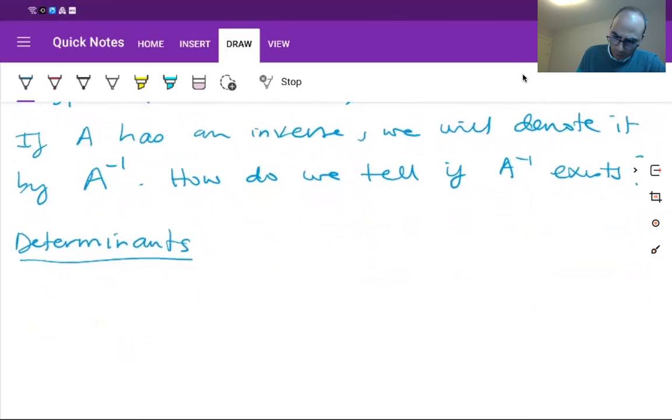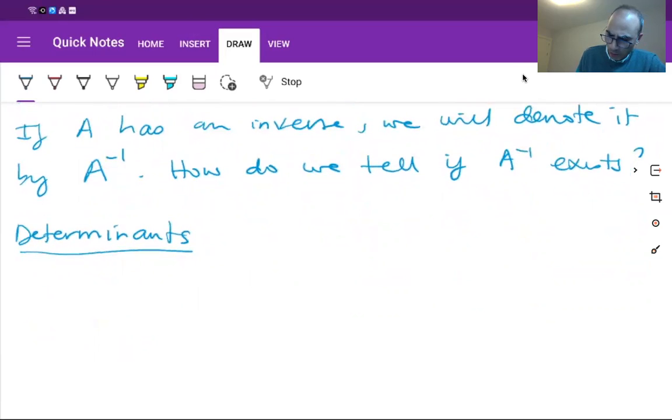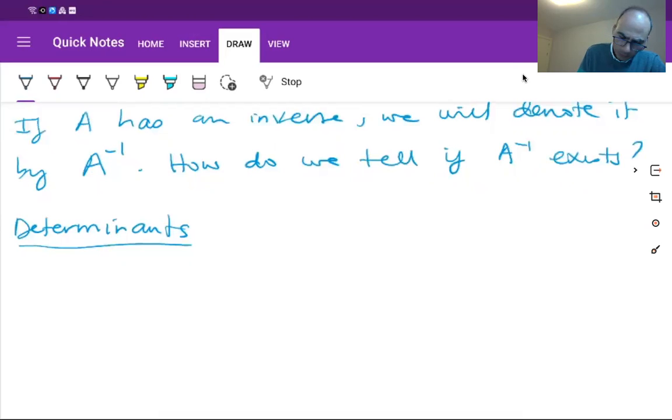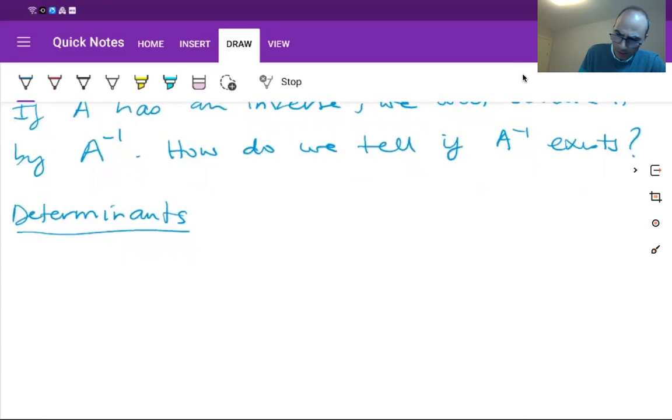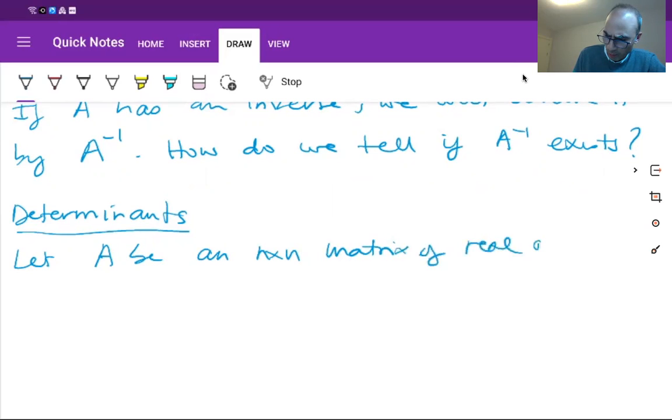Once we've defined determinants, we'll be able to tell very easily whether a matrix is invertible or not. You may have met determinants for 2 by 2 and 3 by 3 matrices. Let's say how they're defined in general. Let A be an n by n matrix of real or complex entries.